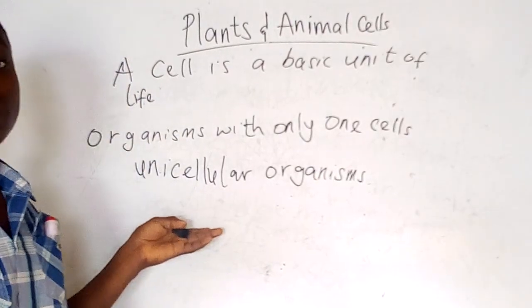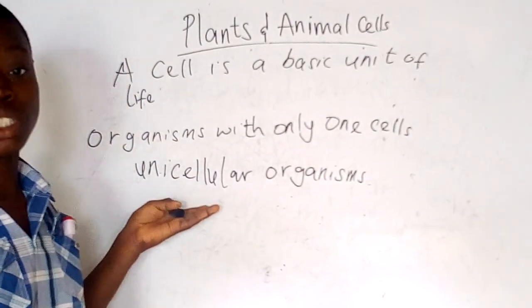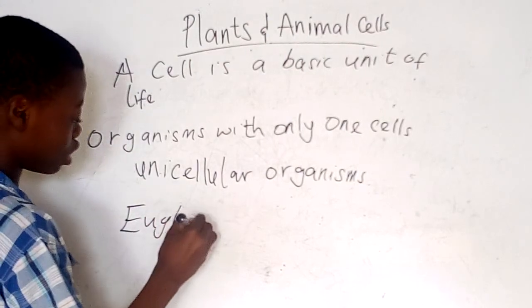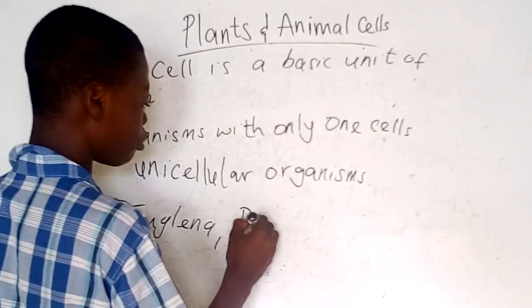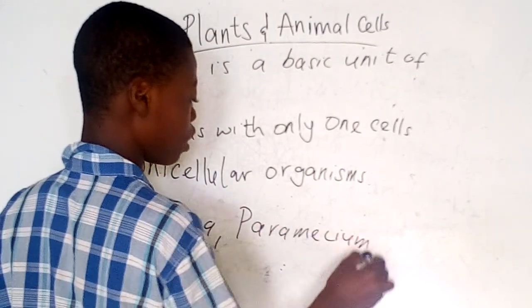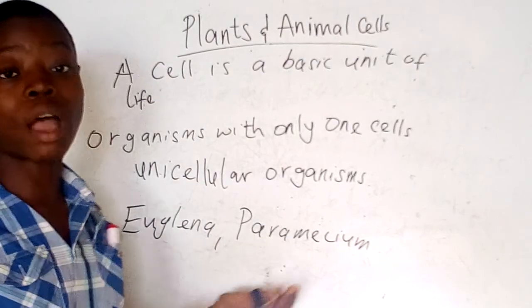These animals are termed as unicellular organisms. And we have euglena, we have paramecium, and what have you? We even have amoeba.